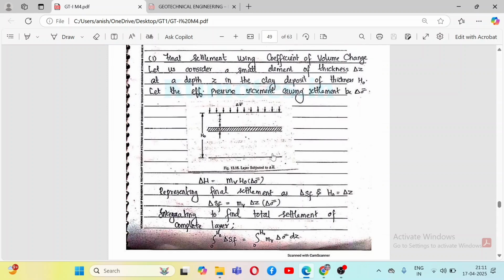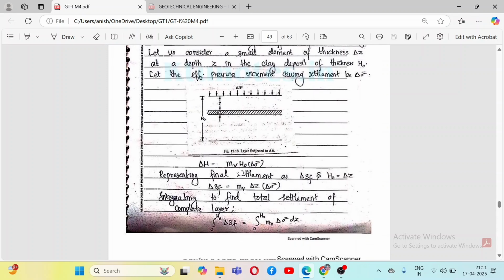So delta H is equal to mv H naught multiplied by delta sigma dash, representing final settlement as delta SF, and H naught is equal to delta z. So final settlement is equal to mv into delta z multiplied by delta sigma dash.